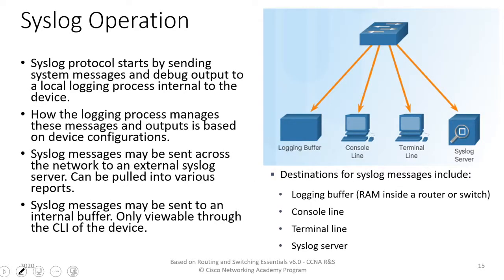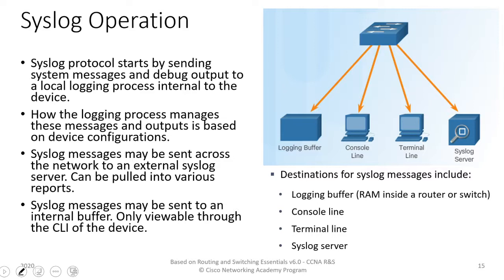So when we look at syslog in operation, the syslog protocol normally starts out by sending logging messages to any sort of devices that are attached to that. We can have a local logging buffer, so a local storage where we can have this information.